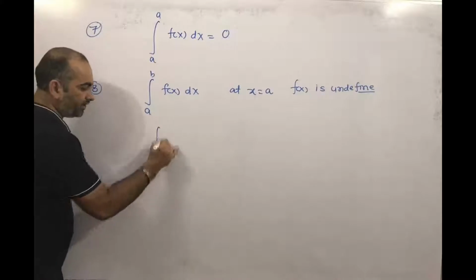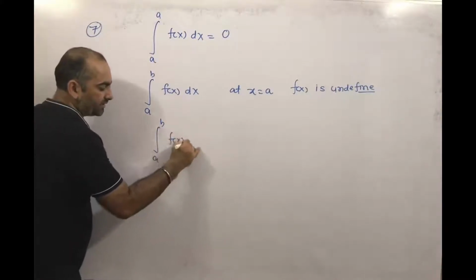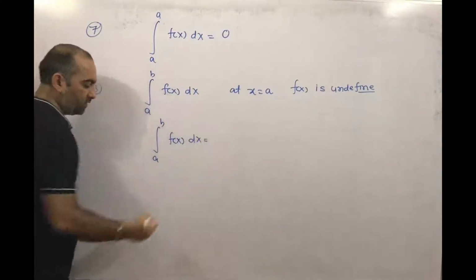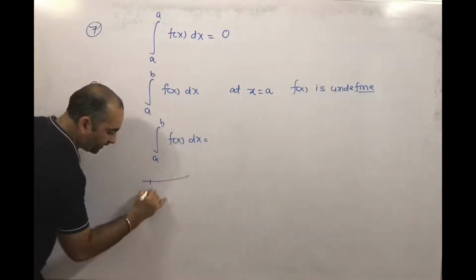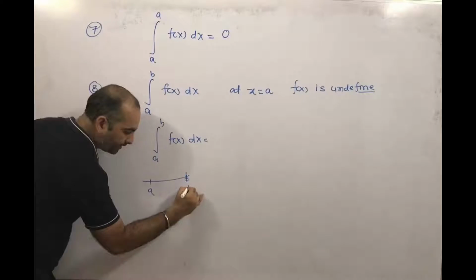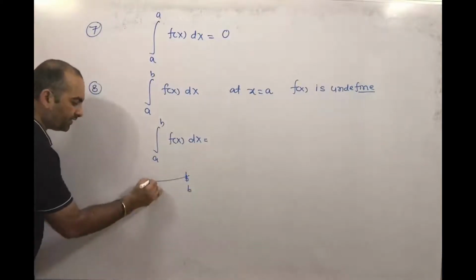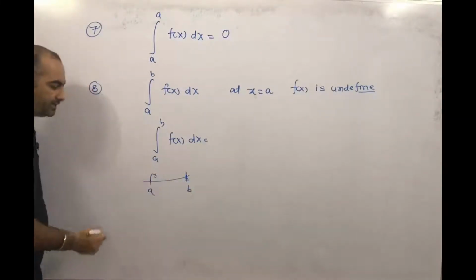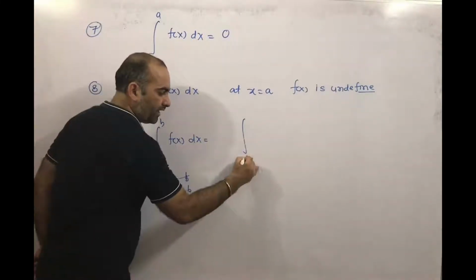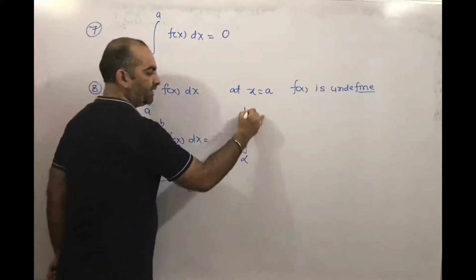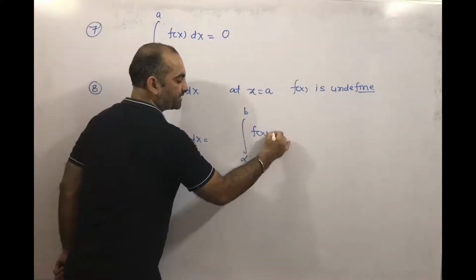Integration of a to b f(x) dx. Here we are integrating from a to b, so we want the right hand side of a value. So what will you do here? Integration of alpha to b f(x) dx we will do.